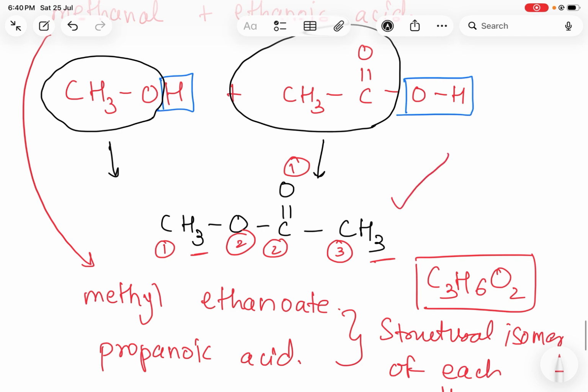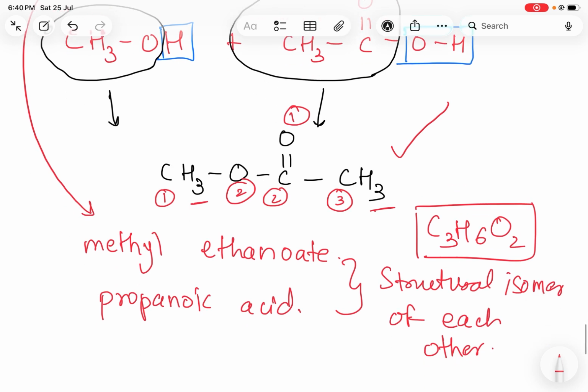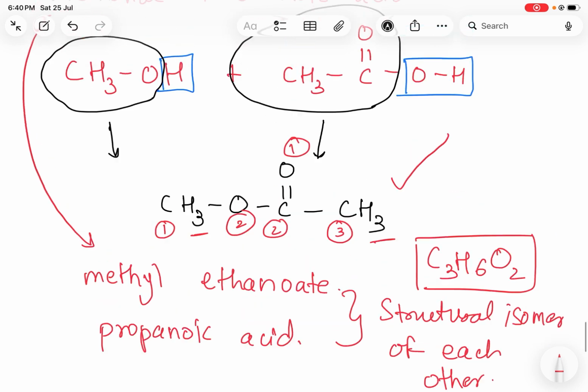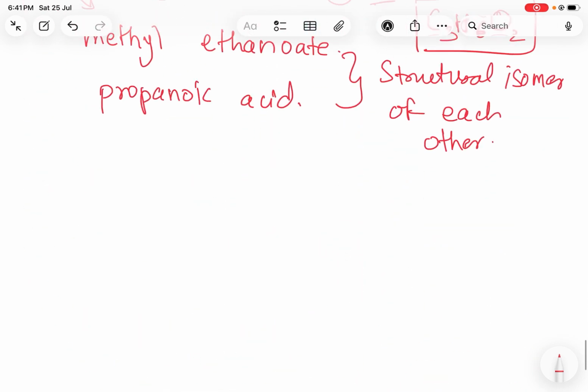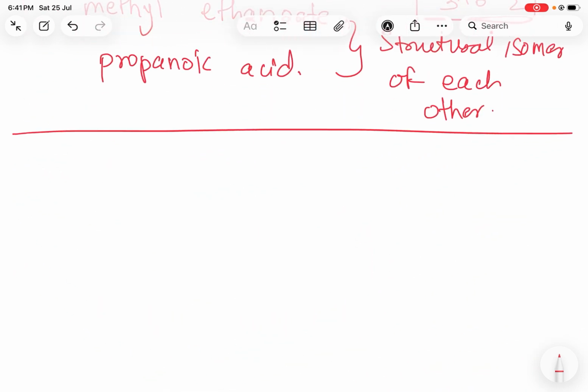And this type of isomerism, where we have two different functional groups acting as isomers of each other, is known as functional group isomerism. Okay, let's take one more example here. So, say for example, if I have butanoic acid, which is having 4 carbon atoms.